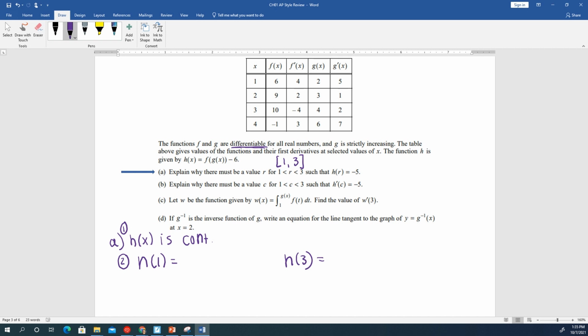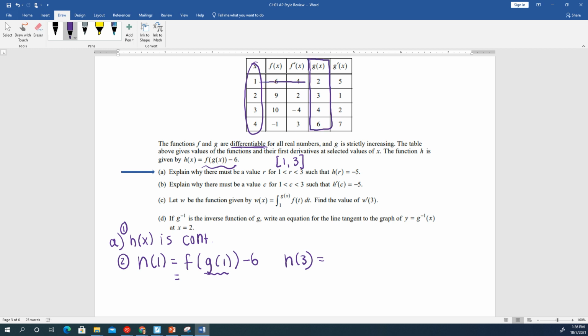All right, now h of x is f of g of x. If I want to find h of 1, I'm going to plug 1 in for x. With these composite ones, you have to start inside, so I have to find g of 1, and that's what my table is going to tell me. Here's all our x values, and for g, here's all my outputs.